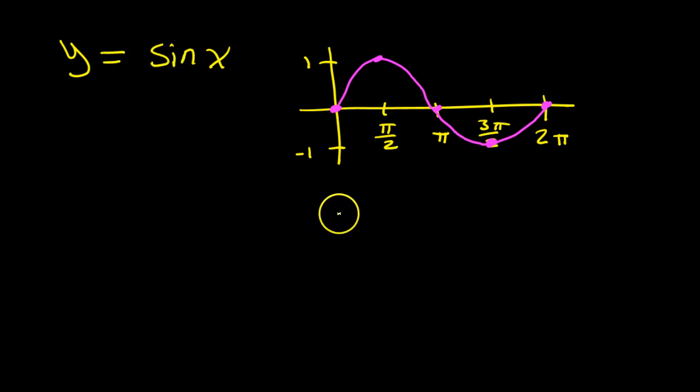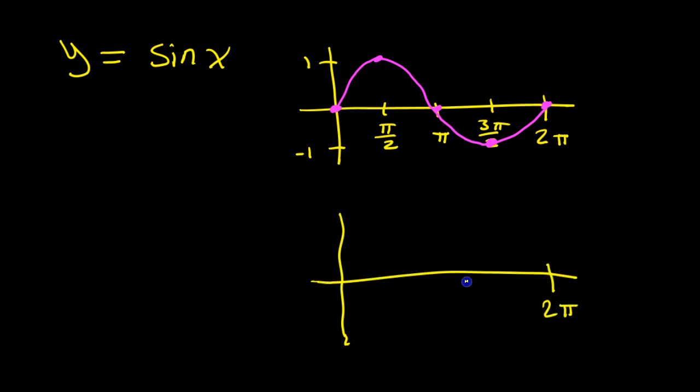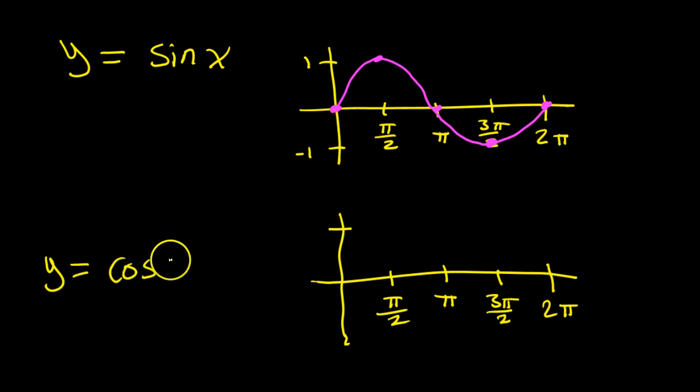Contrast that with your basic cosine function, y equals cosine x. It also has a period of 2 pi, so the critical values will occur at pi and pi over 2 and 3 pi over 2, just like it did for the sine function. Cosine also has an amplitude of 1, so it should go up to 1 and down to -1.